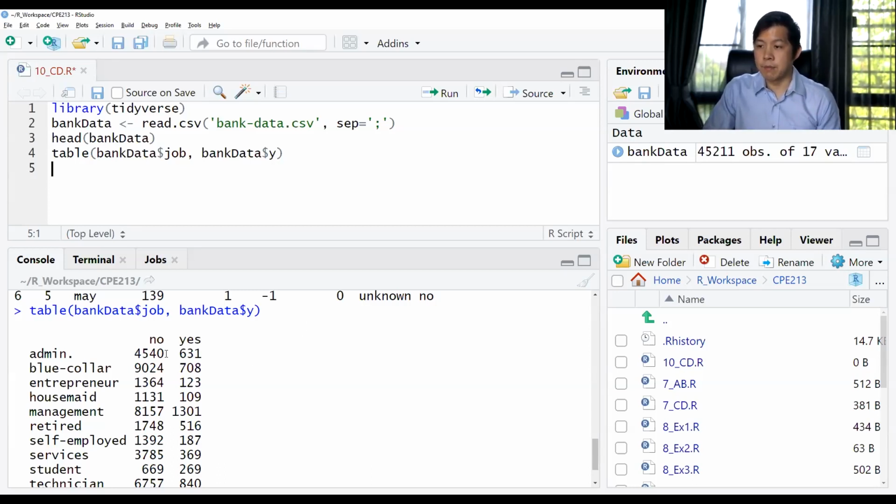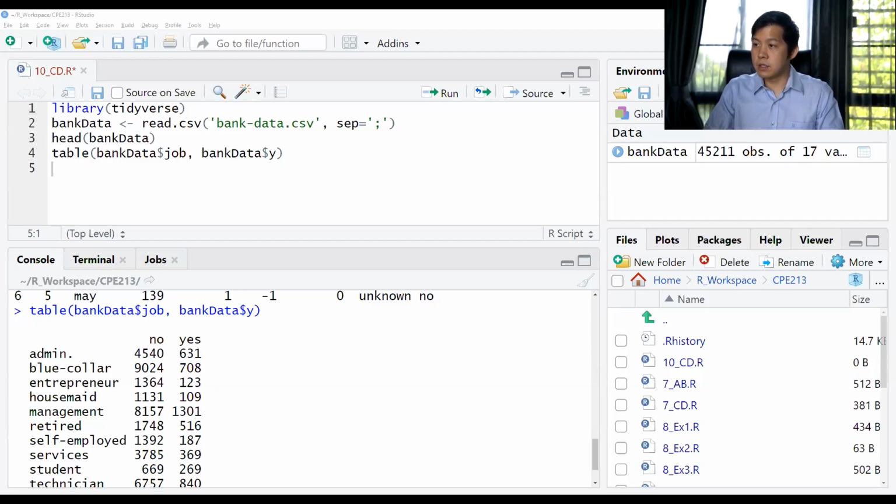You can put these yes and no into X and Y, and then you have the odd values of different jobs here, right?